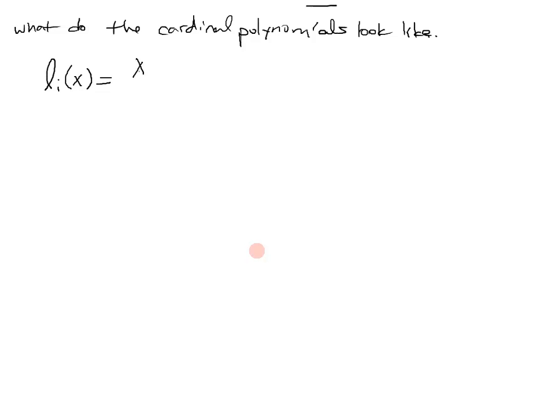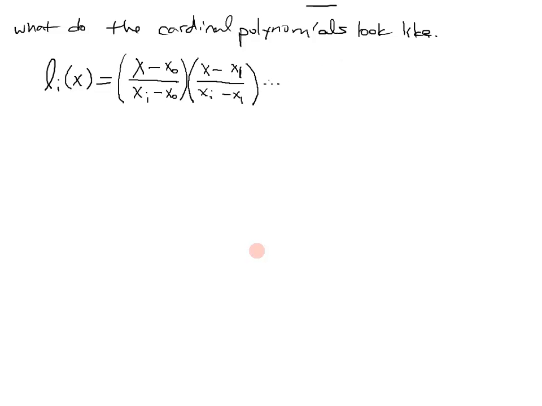If you take x minus x naught divided by xi, where i is the index of whichever cardinal polynomial you're looking at, minus x naught, right? That's, by the way, a linear polynomial right there. If I take another term, I'm going to do x minus x1, that's a 1, not an i, divided by xi minus x1.